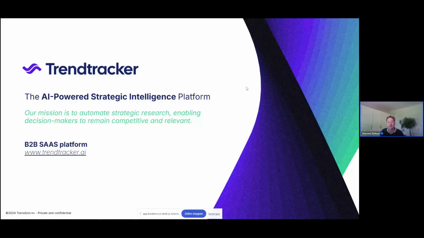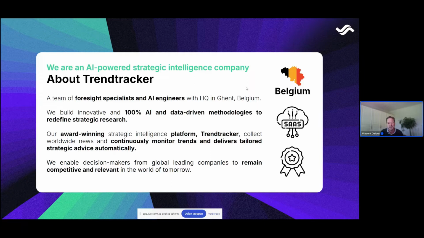Now, on the company itself, who we are, we position ourselves as an AI-powered strategic intelligence company, meaning that we are a bunch of people working heavily on foresight, strategic planning, but a combination of equally AI engineers, full-stack developers that use new tactics, new methodologies to basically redefine how you do strategic research. So for us, it's all about 100% AI and data-driven tactics and methodologies to redefine the field of strategic research.